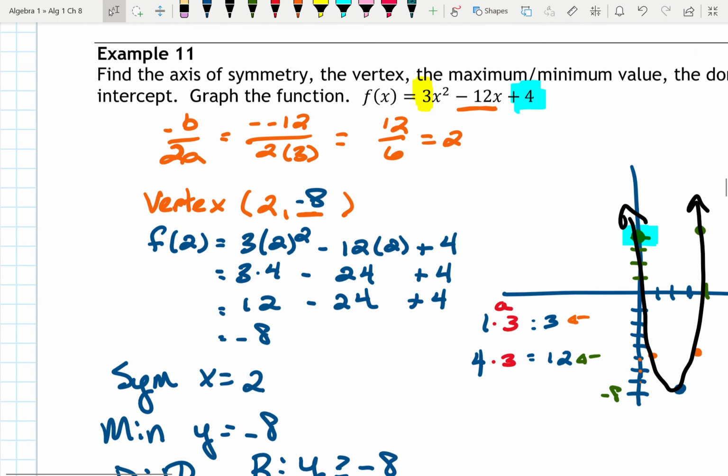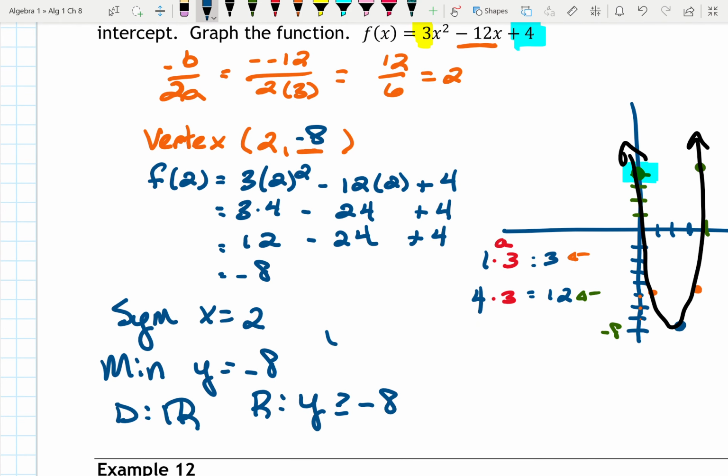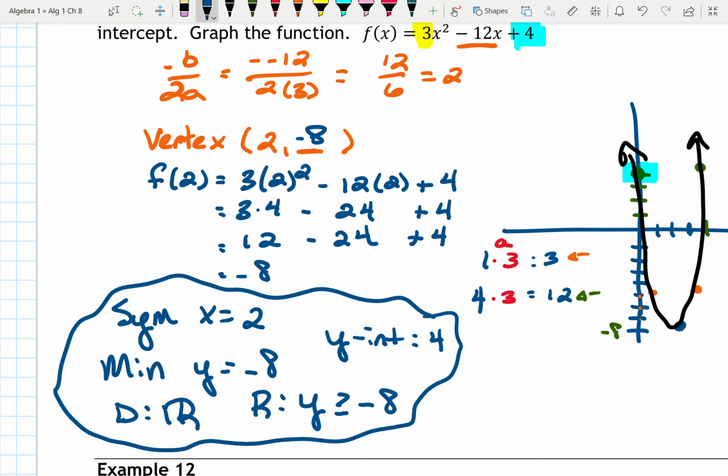The y-intercept, we want to write that out. The y-intercept is right there at 4. So all of this stuff here, we could have gotten all of that just by knowing the vertex. We didn't really have to wait until we graphed. I oftentimes like to look at my graph whenever I'm writing all this stuff down, but you could go ahead and write it down before graphing.